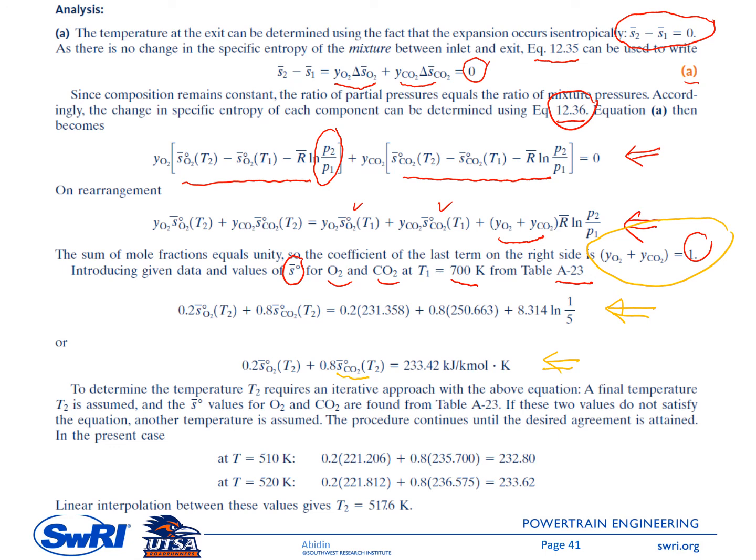Okay, so with this equation we need to do an iterative approach. First you need to guess what is temperature of T2, and then you go to table A23 to get what is S degree for O2 and CO2 at the gas temperature. Okay, and then you plug in the number there, and then you can check whether it's really equal.